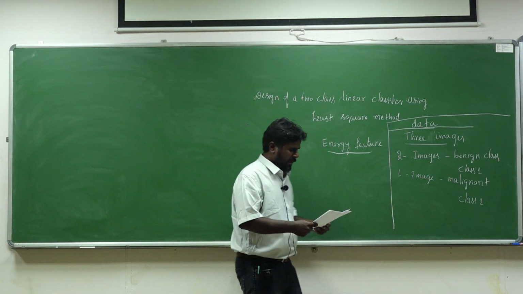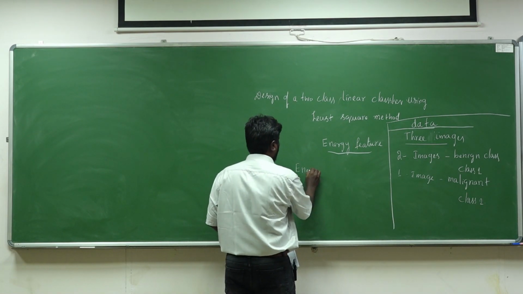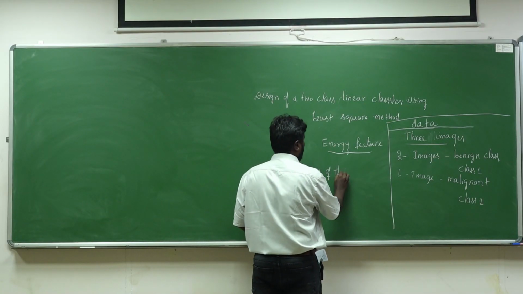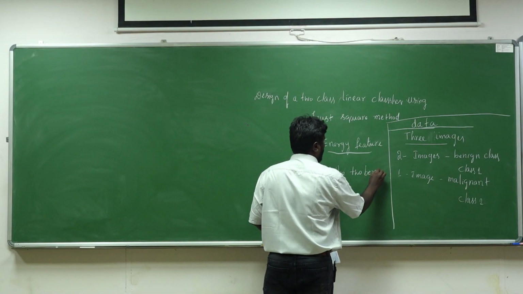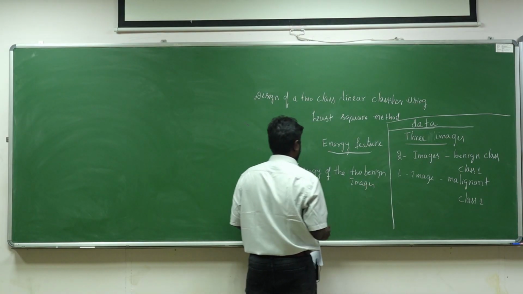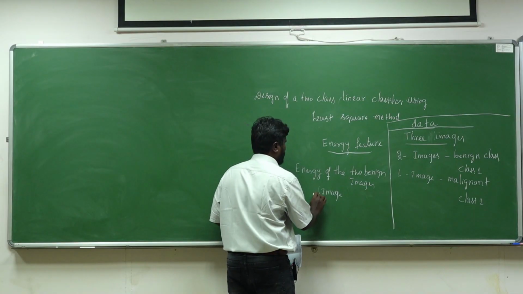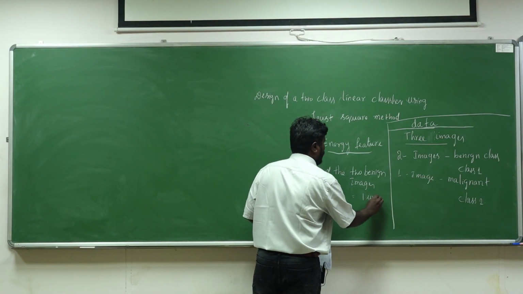Let's say the energy of the two benign images are, for the first image, 1 unit.